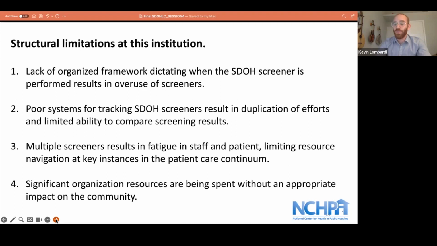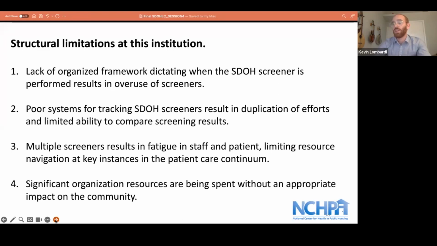Looking at the structural implications and the structural limitations of this institution, if we consider a rural community of approximately 50,000 people in a small community hospital, small community hospitals who are not part of larger systems at times are limited in how they can adapt to local needs or put screeners into their action plans and workflow. Considering that, though, there are ways that institutions can evolve and change with the evolving needs and resources that are now available.